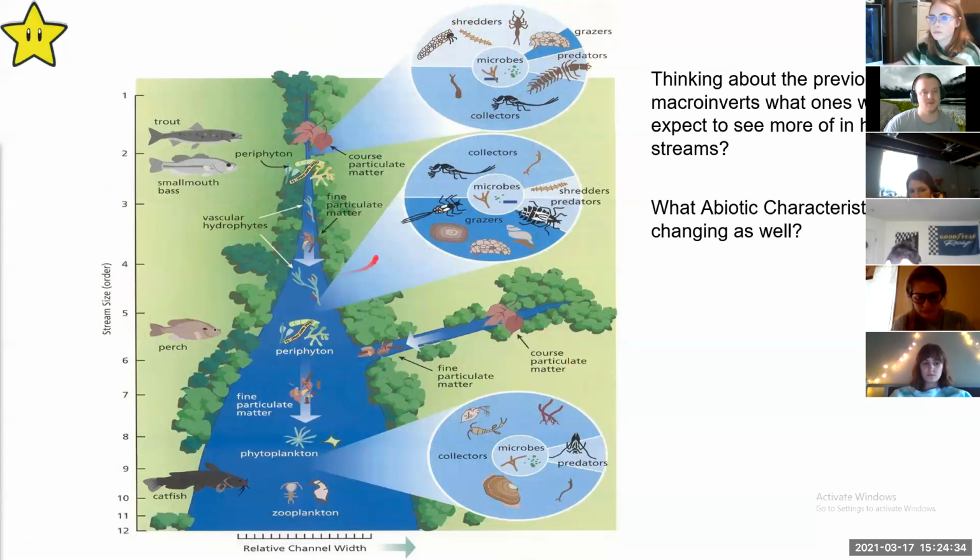And as you go downstream, the river widens out a little more, so there's more sun actually reaching the river. I'm just going to add to that description of the headwater stream. Your headwater stream is going to be a lot more narrow. And so you have your groundwater inputs, and those groundwater inputs are going to impact your stream a lot more than when you're further downstream. So that's why headwater streams tend to be cooler.